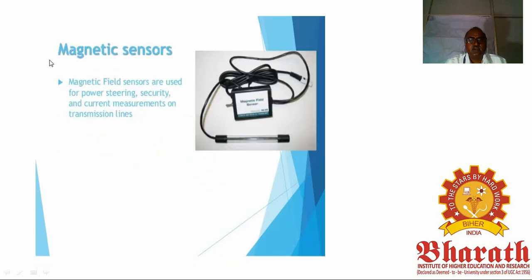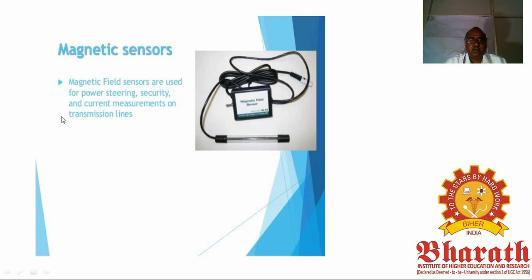Next, the magnetic sensors are used in power steering of various vehicles. They are also used for security purposes to detect any metallic objects, that is, for screening metallic objects.